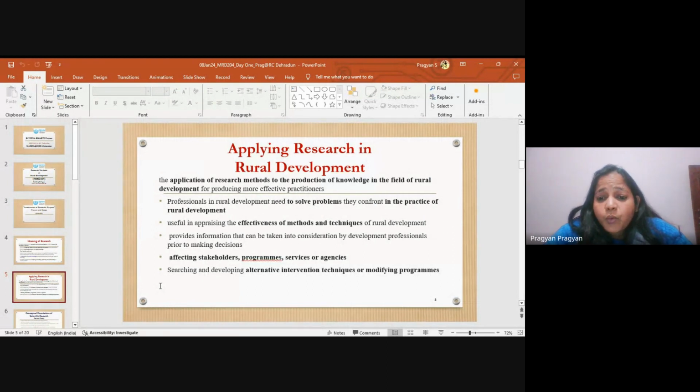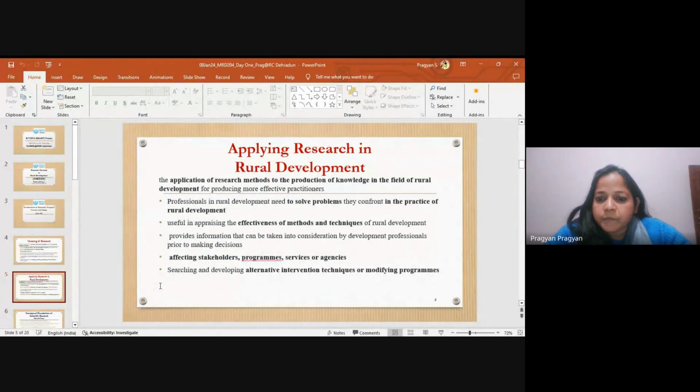So why do we require it? Because it is not only for the purpose of creation of knowledge, but it also affects stakeholders. A stakeholder means all those professionals who are involved with that particular agency that is actually running a particular development program for a rural area. Those stakeholders also get benefits from this research, and the supply chain of these programs, services, and agencies is also going to reap the benefits.